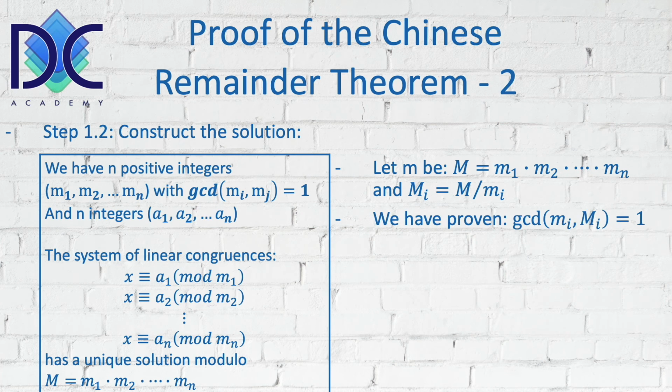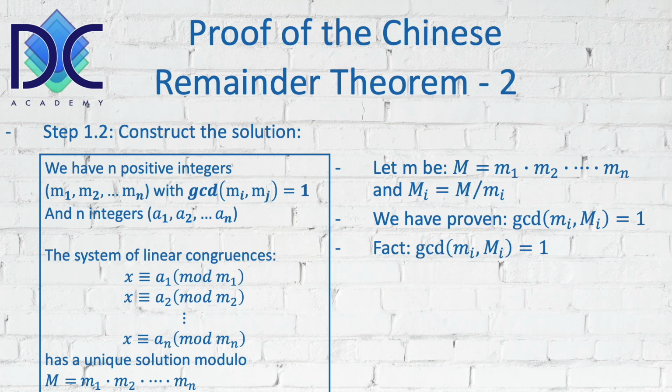When we look at this, we already have proven that the GCD of mi and capital Mi is equal to 1. Because we divide M by mi, we don't have mi there, and all those parameters mean that there is not any parameter equal to mi. So they're all relatively prime.